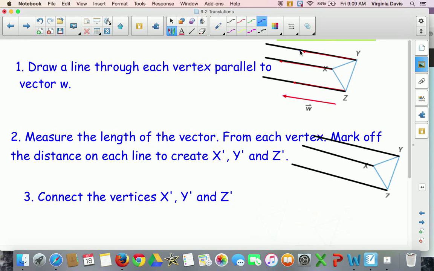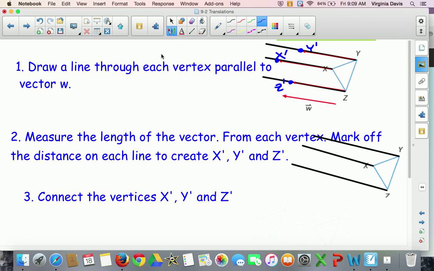Here is my Y prime, here's my X prime, and here's my Z prime. That was step 2 I did up here, since this wasn't very parallel. So you're just going to do that.